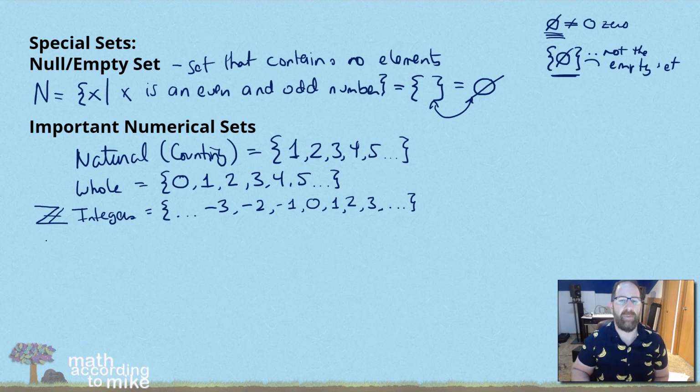That's fine. The double-barred Z is a specific symbol to represent the integers. The reason that it's a Z is because in German, and this is true, I'm not making this up, the word for integers starts with the letter Z, and a lot of our math comes from Germany and France. So there's influence with the naming convention there.